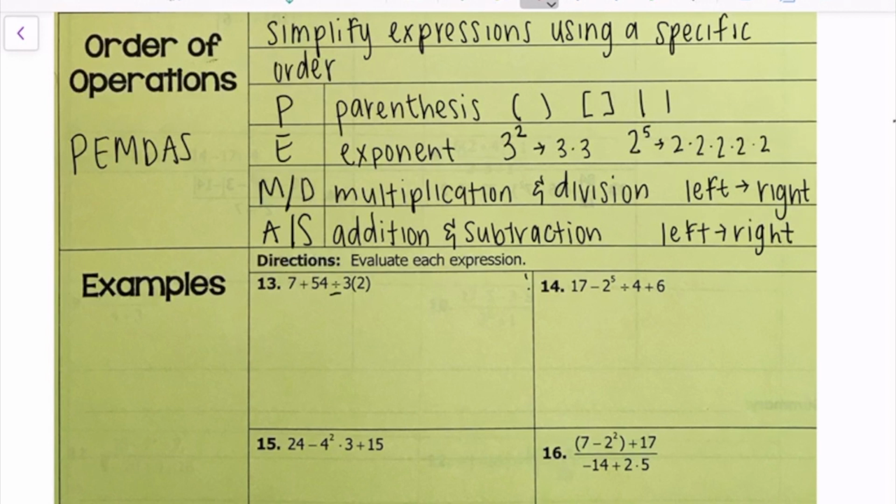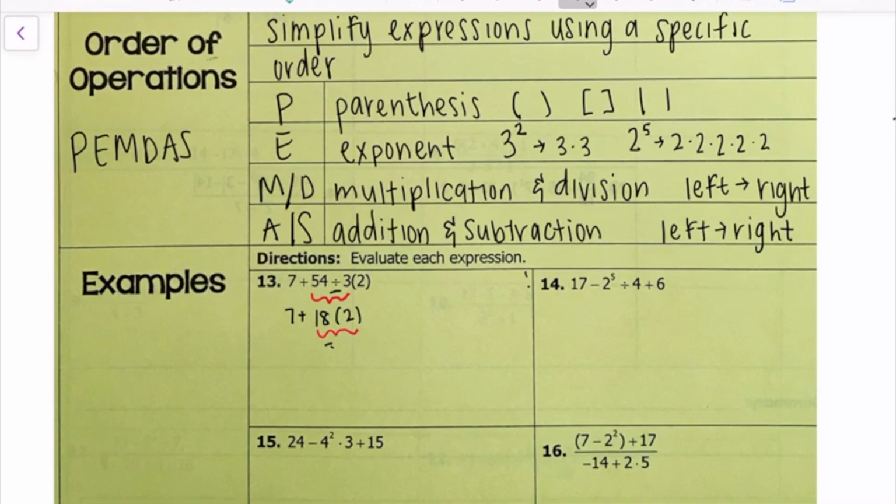So let's go ahead and divide 54 divided by 3. And we are going to get 18. So let's add 18 into our expression. So we have 7 plus 18 times 2. Now we have to ask, do we do addition or multiplication? We do multiplication.